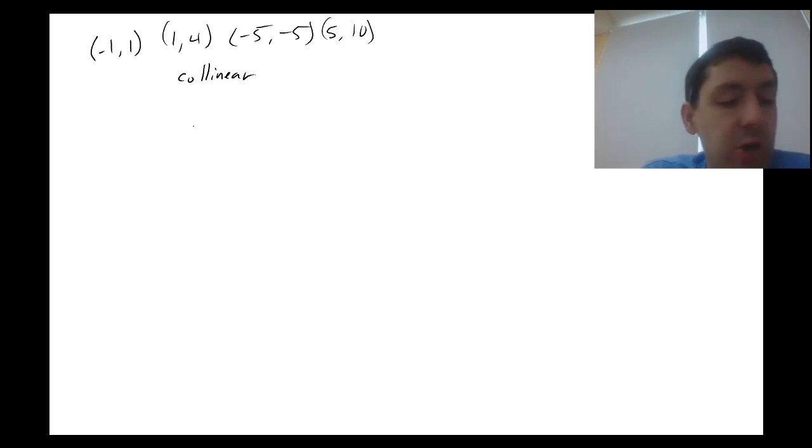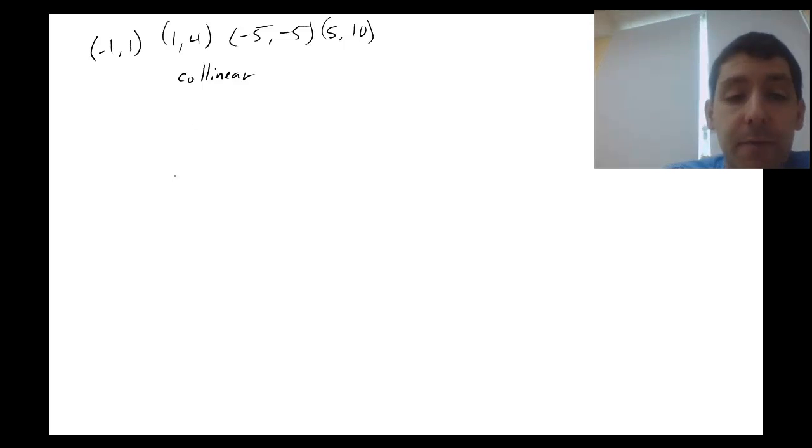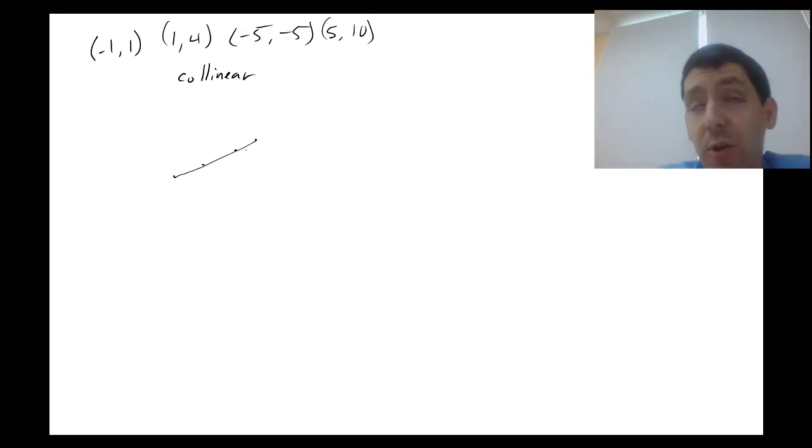In order to find out if they're collinear, that means that they all need to be on the same line. Now, if 4 points are on the same line, then that means that you have the same slope, right? If the slope is the same, that means that the vectors have to be multiples of each other, scalar multiples.